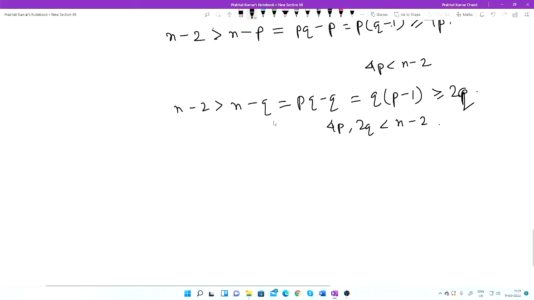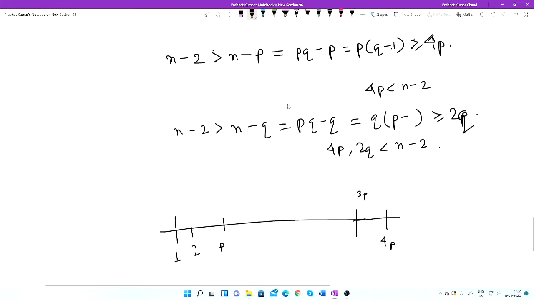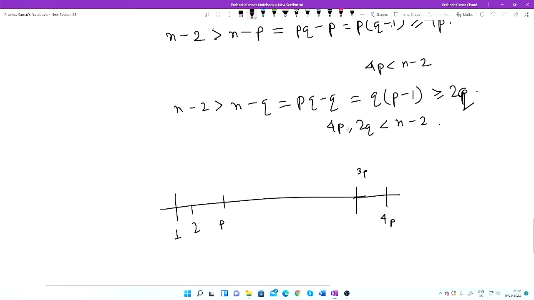So this paves the way for a particular conceptual understanding: somewhere there is p, right? Because the last number is 4p, and the previous number is 3p, and since p is at least 3, there are numbers between them. So n minus 2 is like pq, right?